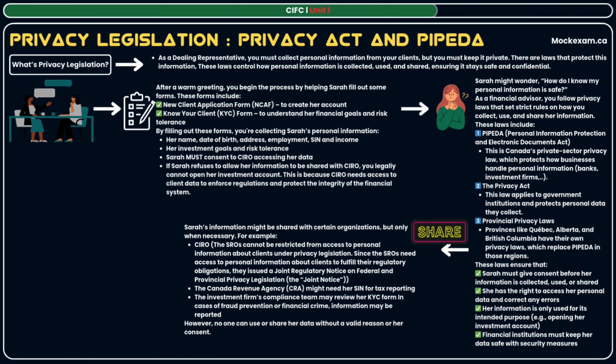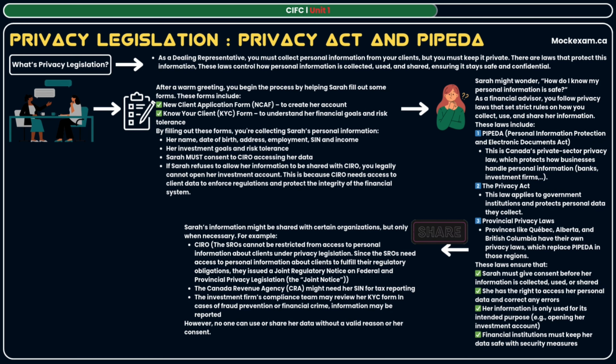We said that the SROs cannot be restricted from access to personal information about clients under privacy legislation. We talked about it. Since the SROs need access to personal information about clients to fulfill their regulatory obligations, they issued a joint regulatory notice on federal and provincial privacy legislation, the joint notice.